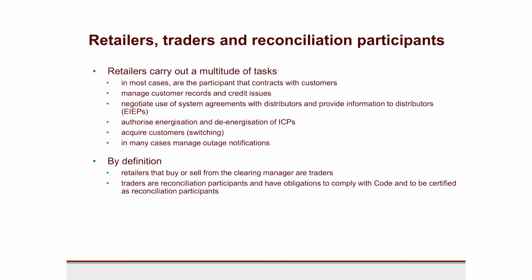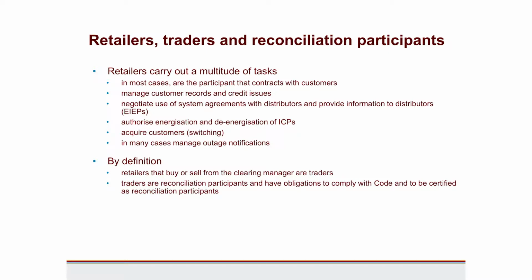So, what do retailers do? Well, they carry out a multitude of tasks. In most cases, they are the participant with a customer contract. So they're a participant that has an agreement to supply electricity to a customer. They may have an agreement with the network owner that they will also invoice that customer for network charges.